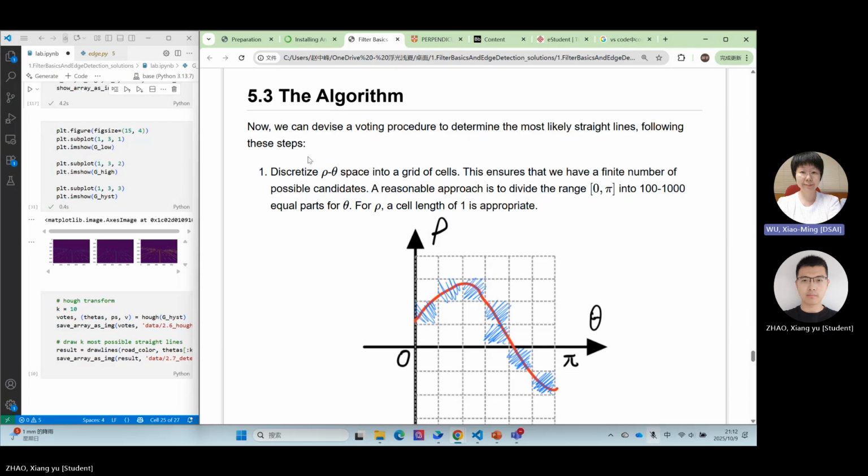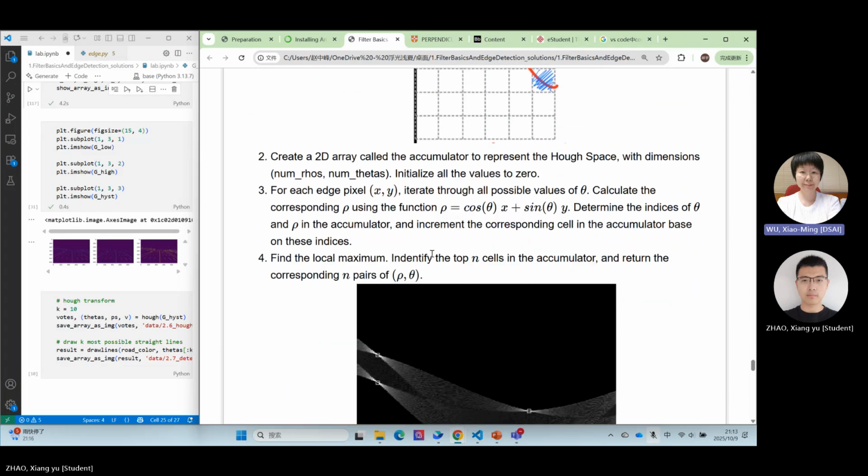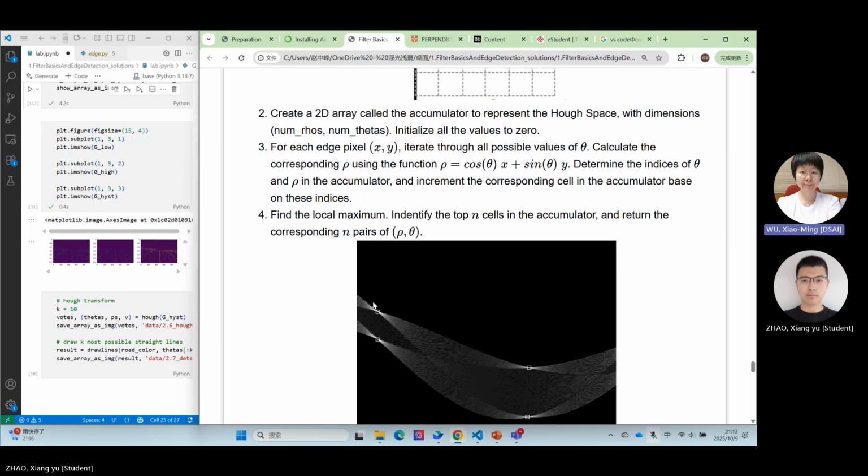Now we can devise a voting procedure to determine the most likely straight lines, following these steps. The first step is to translate the image into the Hough space, just like this. And then we can find the points with a lot of curves passing through them.